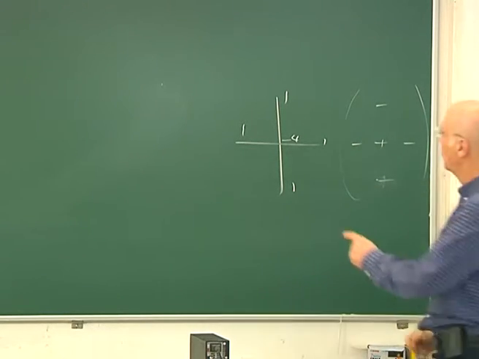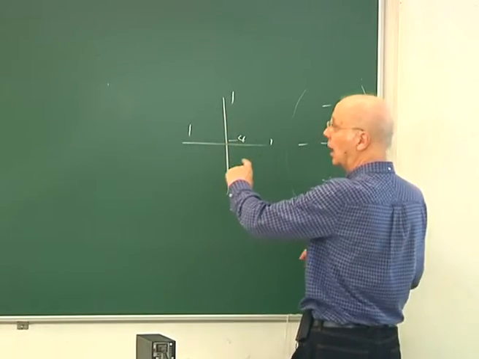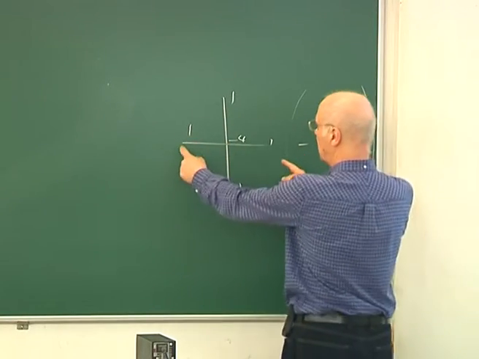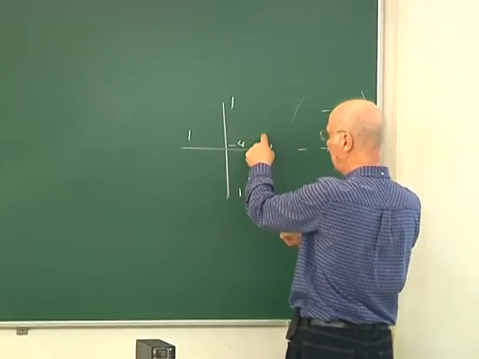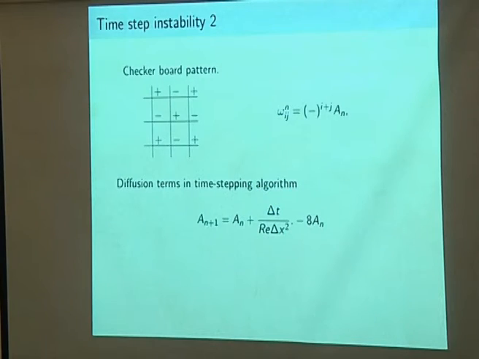So what do we get? We get minus 4, and then because the neighbors are minus, we get minus 1 from that, minus 1 from that, minus 1 from that, minus 1 from that. We get minus 8. Okay, so we have minus 8 times the amplitude, and there's a divide by the Reynolds number and delta x squared that we had in the differential equation.